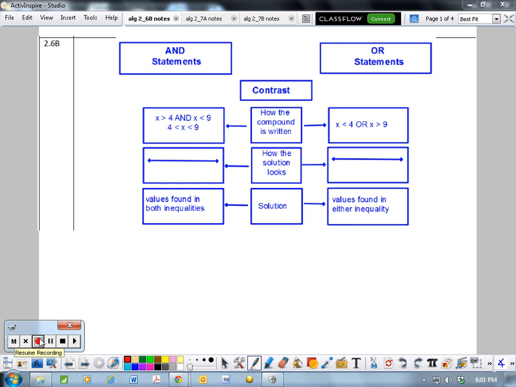Okay, so we're going to go ahead and review a little bit of our AND statements and OR. Our AND statements are the intersection or overlapping.